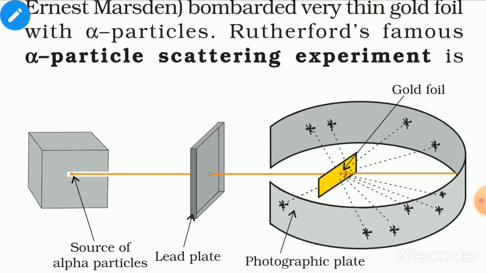In between, one thin gold foil was taken. When the alpha particles pass through the hole in the lead plate, it makes a very small beam of alpha particles, which will be scattered by this gold foil.